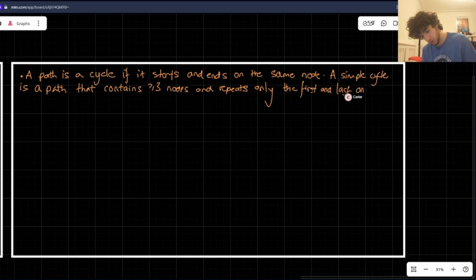So it doesn't repeat any of the other ones, okay? Whereas for a cycle, it doesn't say that it repeats only the first and last nodes. Sorry, it's actually the first and last node. Well, yeah, I mean, you get what I mean.